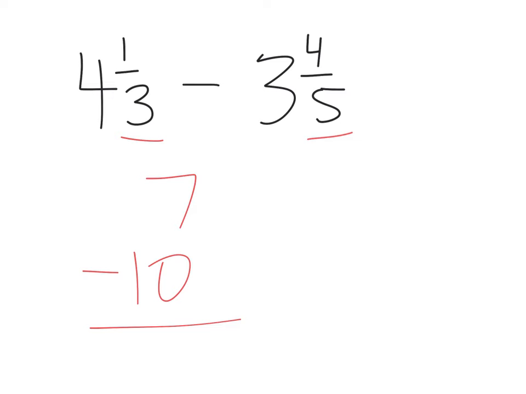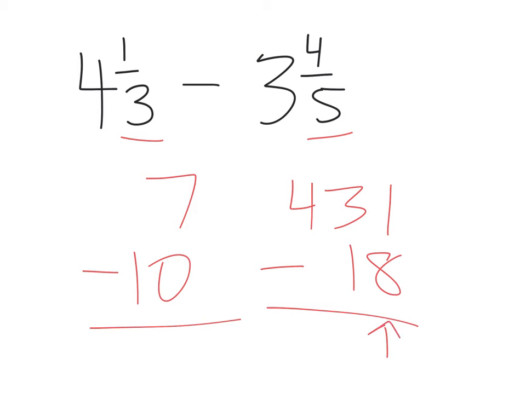Or maybe if it was a problem with 2 or 3 digits, something like 431 and you wanted to subtract 18 and you just focused in on that first step in your ones place, it looks odd. You can't do that. And so you learned as a younger student how to get around that and how to fix those situations. So really, it's the same thing now. You're just seeing it with fractions.